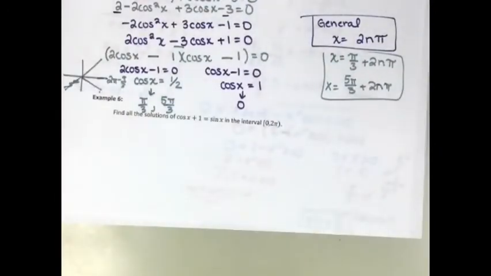Find all solutions of cosine x plus 1 equals sine x. Now, if you notice here, we have cosine and sine, but are any of those squared? No. So we can't convert any of that right now, can we?